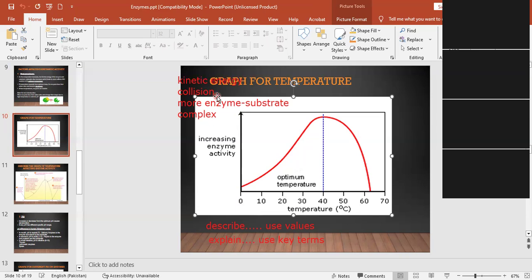More enzyme substrate complex will form, more product will be formed, more enzyme activity will be occurring. So as the temperature increases, the kinetic energy of the enzyme substrate molecules also increases, till it reaches 40.